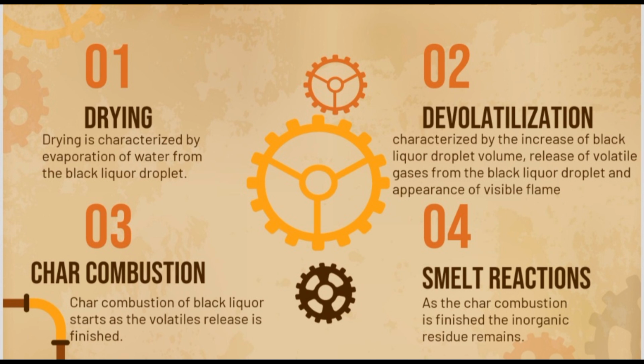In many combustion applications, the aim is to produce very small droplets to maximize combustion rate and temperature. Black liquor is not finely atomized as it enters the furnace. Rather, black liquor is sprayed as coarse droplets.